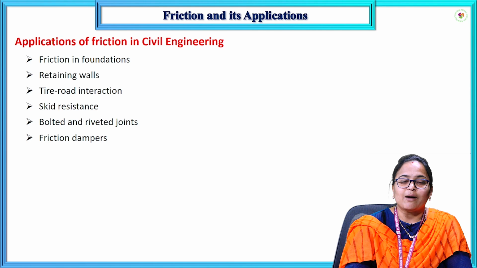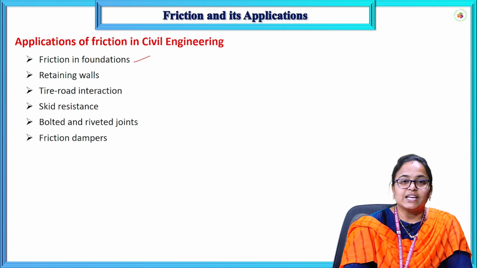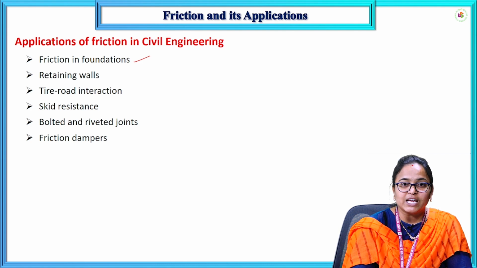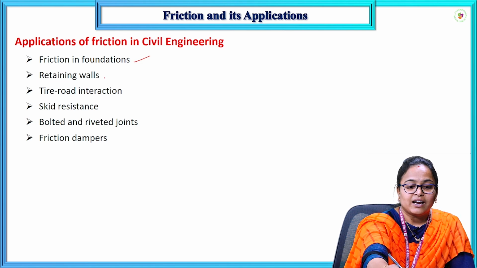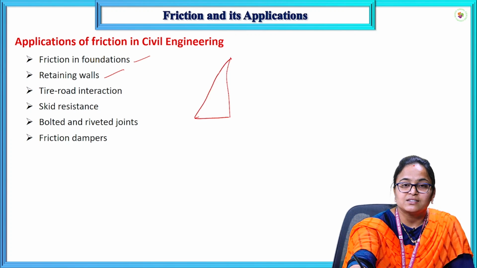Next, coming to the applications of friction from a civil engineering point of view. First one, frictional force in foundations. There will be a frictional force between the footing of the building and the soil particles in the foundations, and retaining walls. For example, there will be a retaining wall like this.